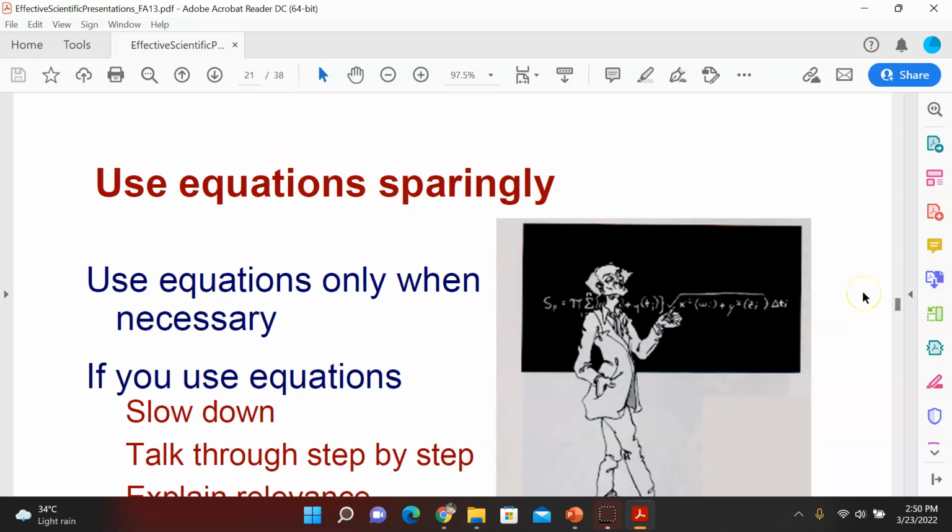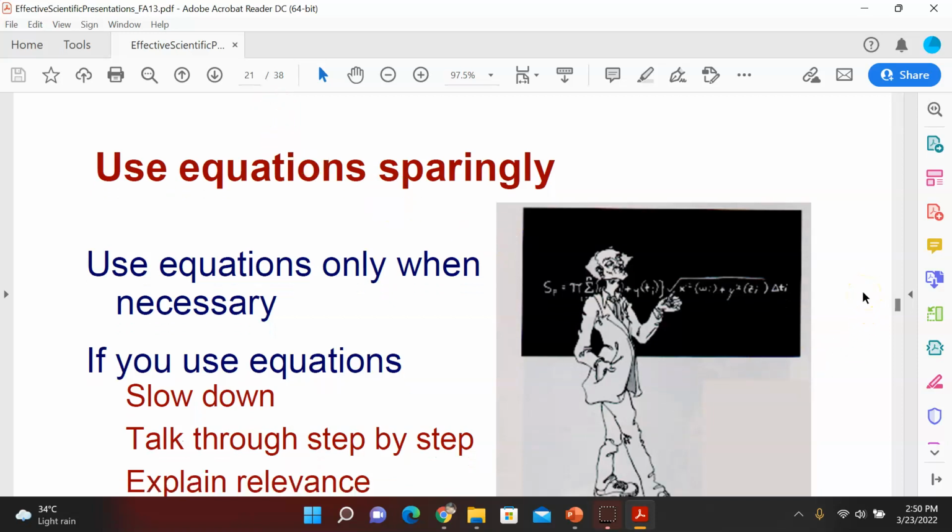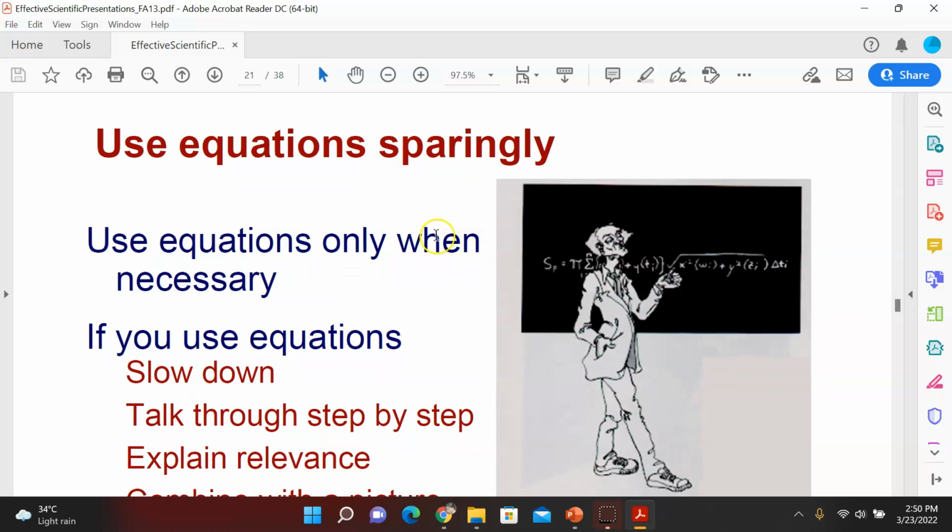This is where I disagree with the slides, because I'm a theorist. Okay, it says use equations sparingly. Again, this depends on the audience. Okay, if the audience is a technical audience, then you might want to have the equations down. Okay, but of course equations are pretty technical, so it depends.